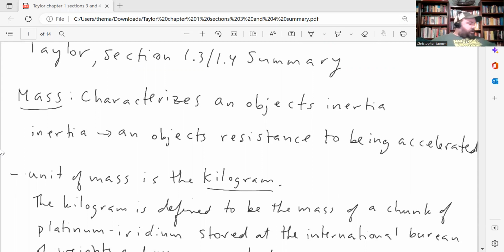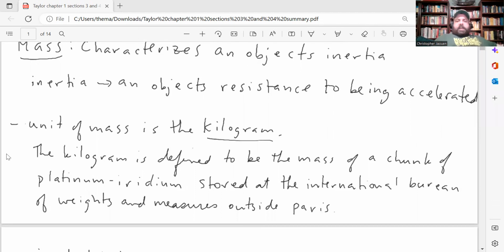Right, and to make it quantitative, we have to have units of mass and ways to measure an object's mass. So the unit of mass that is internationally agreed upon is the kilogram, and the kilogram is defined in terms of the mass of a specific chunk of platinum iridium that is stored at the International Bureau of Weights and Measures outside Paris.